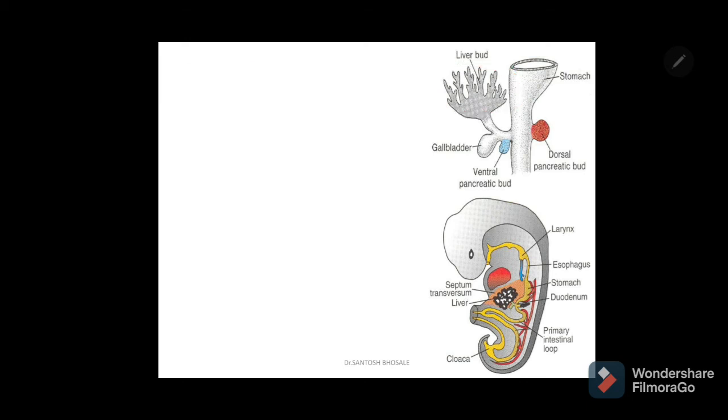The hepatic bud will divide into right and left, and each right and left bud will form the cylinders, and they form the plates of cells which anastomose and branch and rebranch.